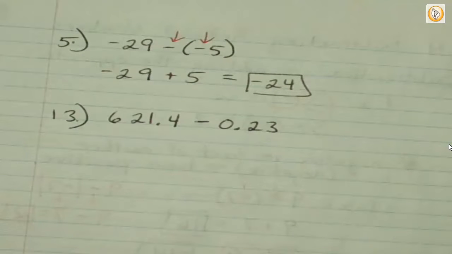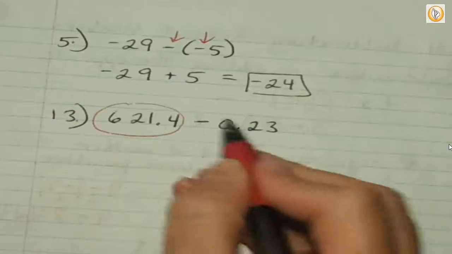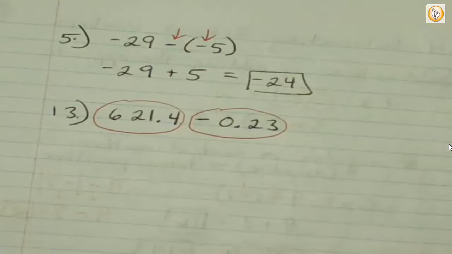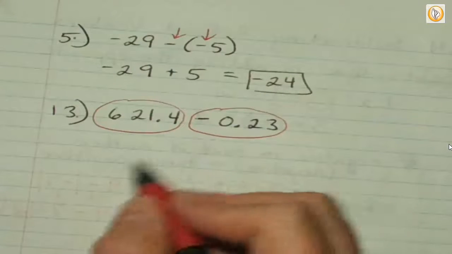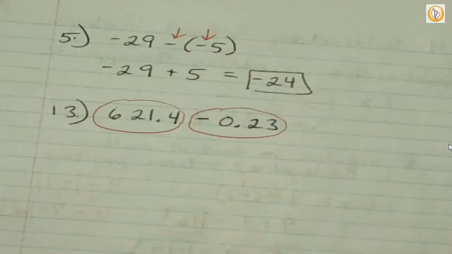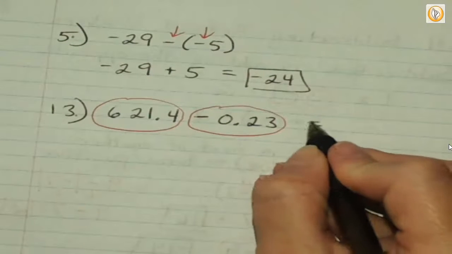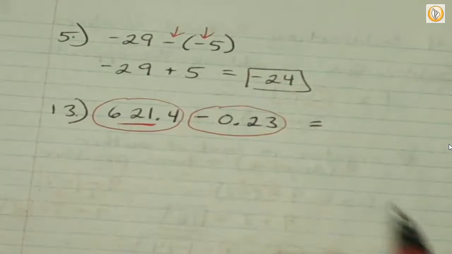One's a negative and one's a positive. So what are we going to do? You can subtract. All right, so which is the largest one? 621.4. So is it going to be a negative or positive answer? Positive, because this is the largest.